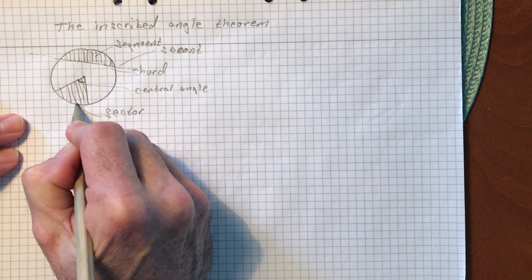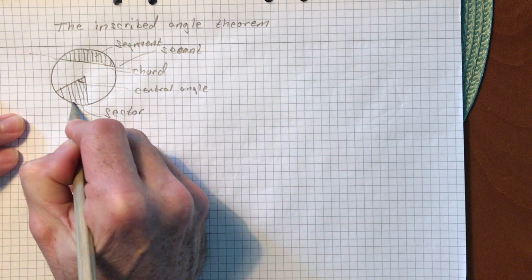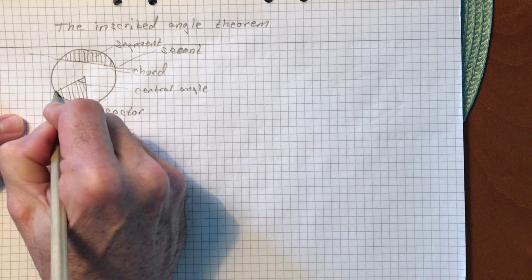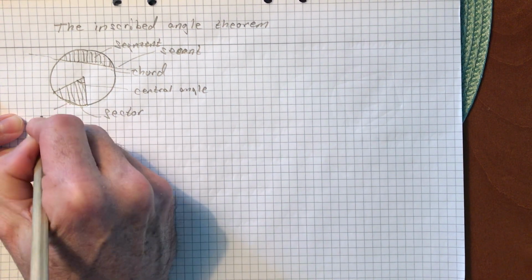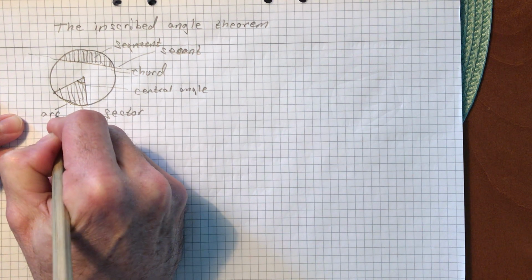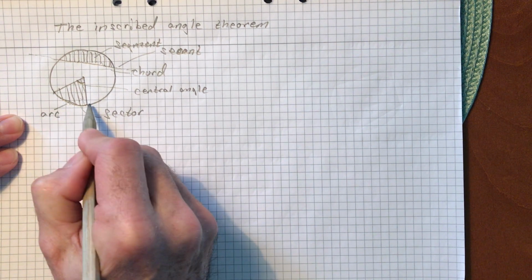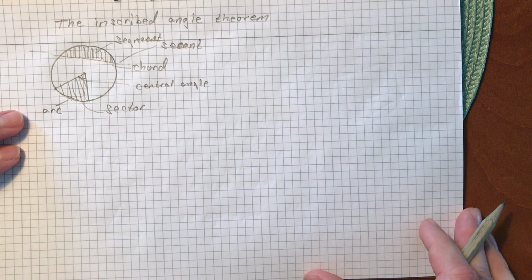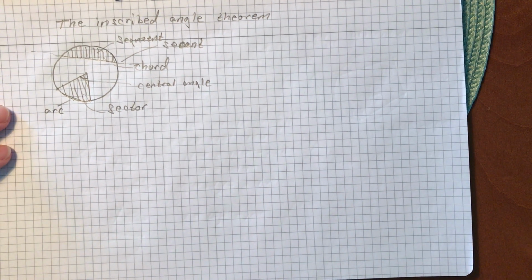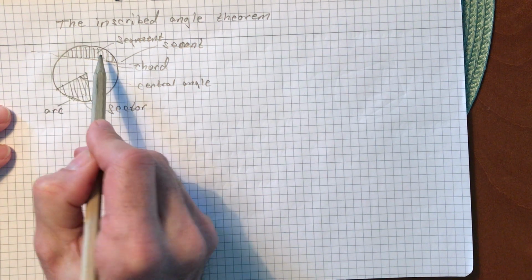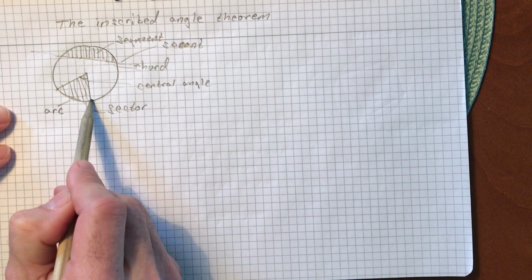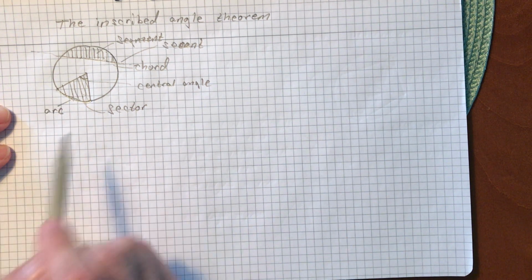This curve, part of the whole circle's curve, from that point to that point, is called the arc. In Swedish, båge. Okay, those are some important words to know: chord, segment, secant, central angle, arc, and sector.